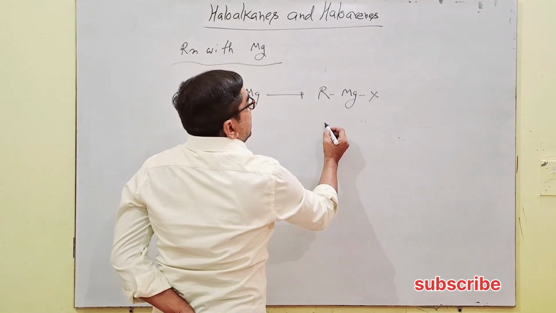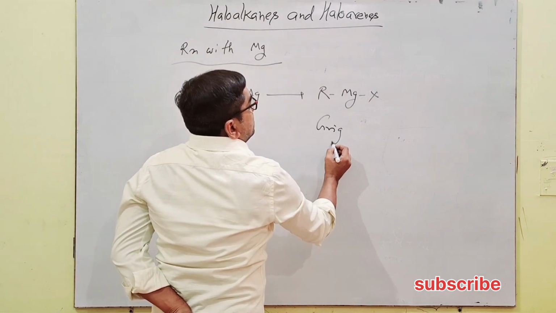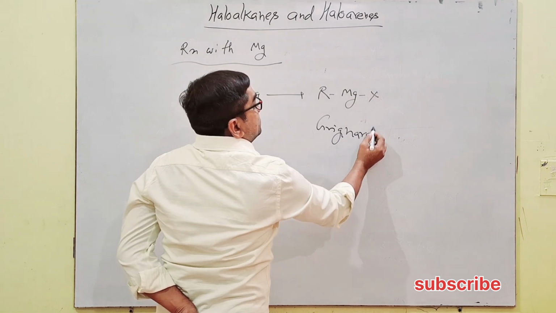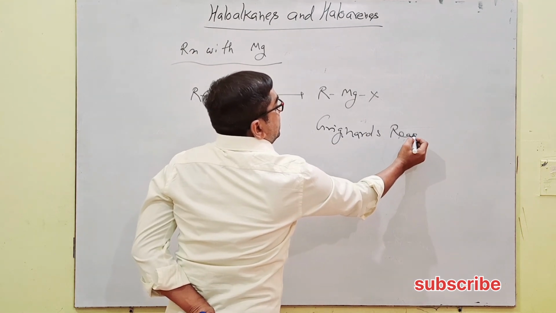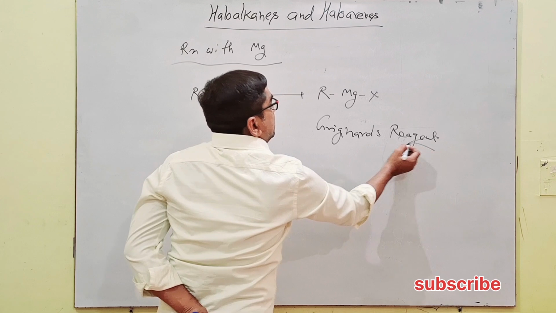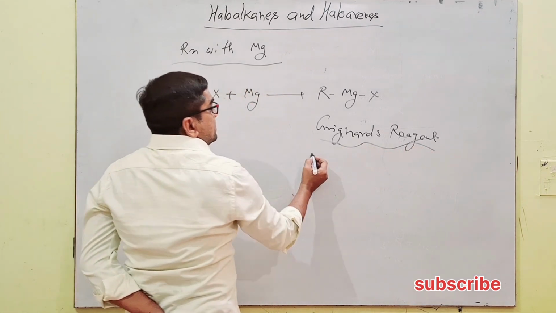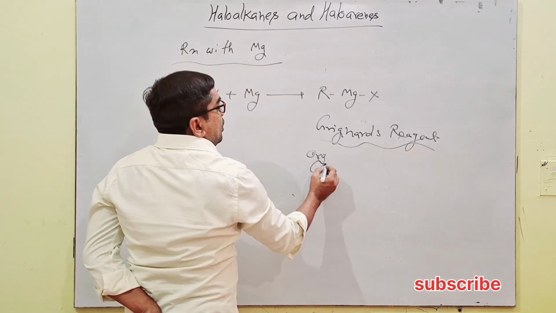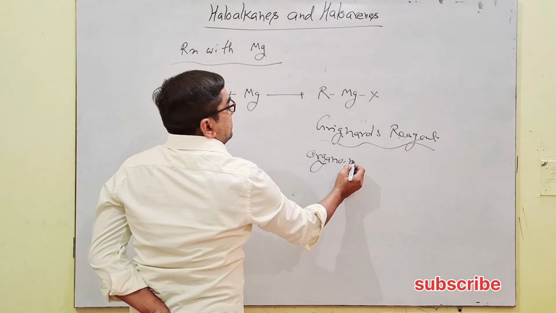This RMgX is called Grignard's reagent. A very important compound, Grignard's reagent. This is a category of organometallic compound.